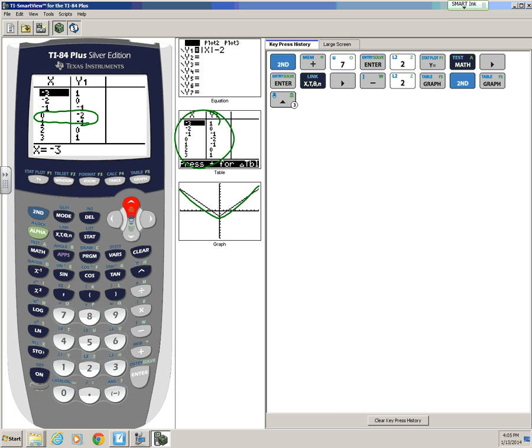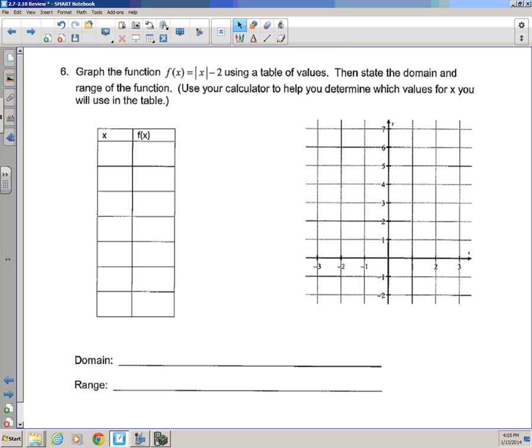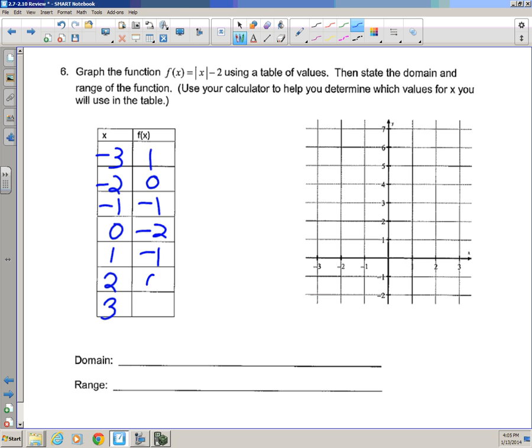Those are the points I'm going to use in my table of values. So I'm going to go back to here, and let's use -3, -2, -1, the turning point at 0, 1, 2, 3, whose f of x or y values are: -3 gives 1, -2 gives 0, -1 gives -1, 0 gives -2, 1 gives -1, 2 gives 0, 3 gives 1.